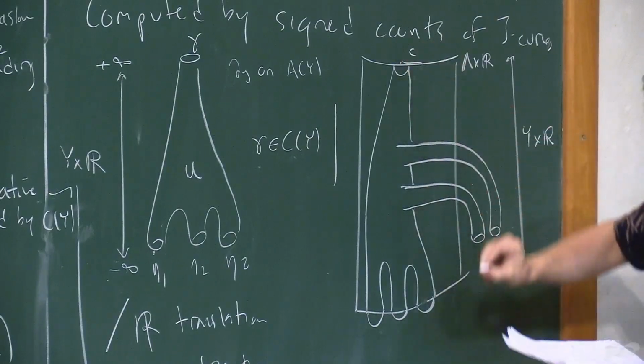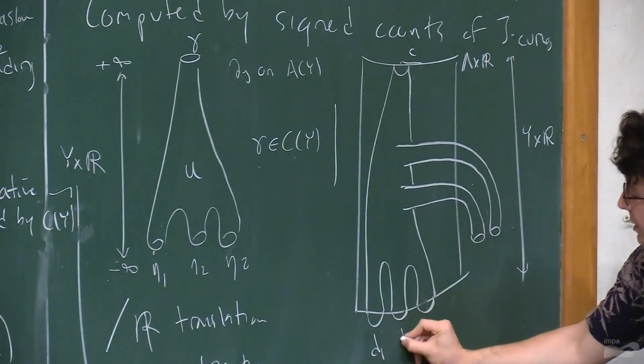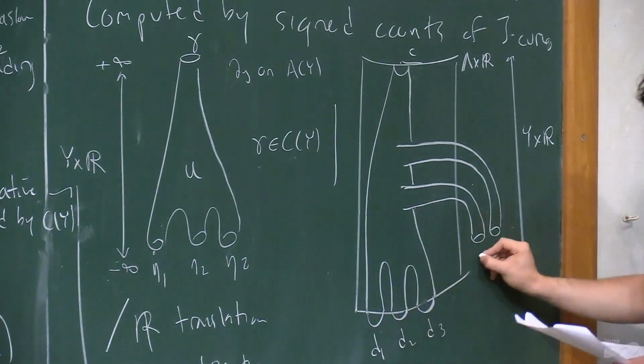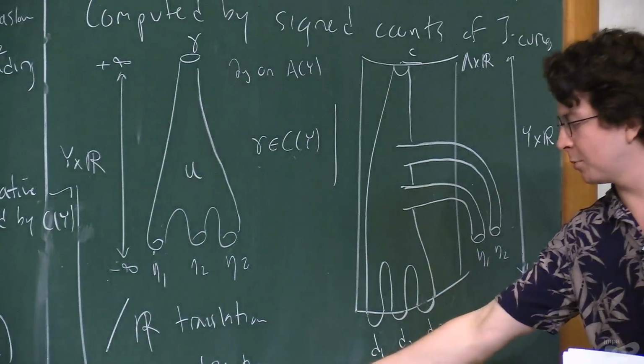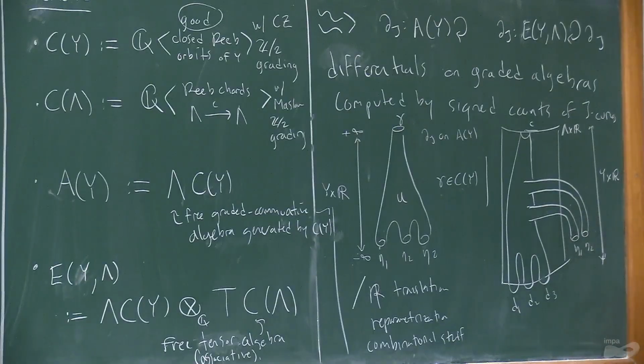So this is the input chord, and then we have some output chords, some output orbits. Then you quotient by the same kind of stuff. There are no marked points on the chord part, so you don't have to quotient by that.